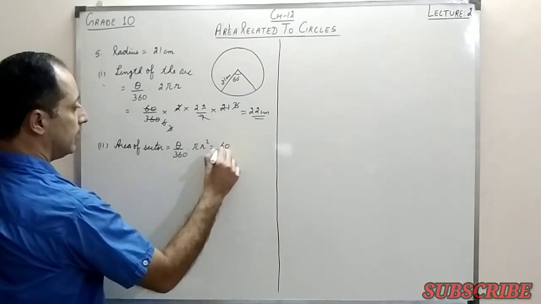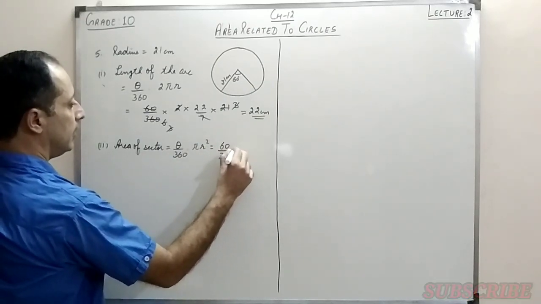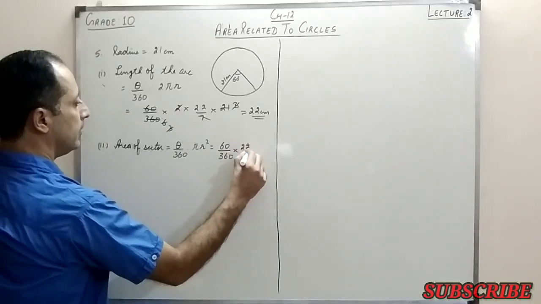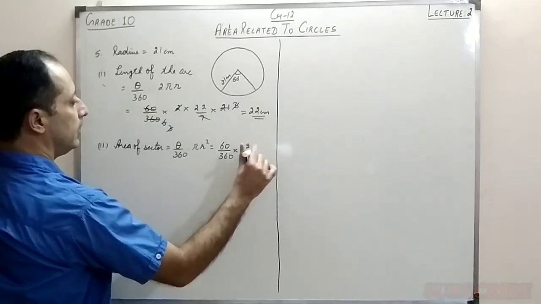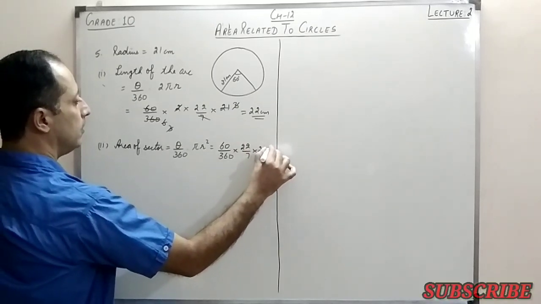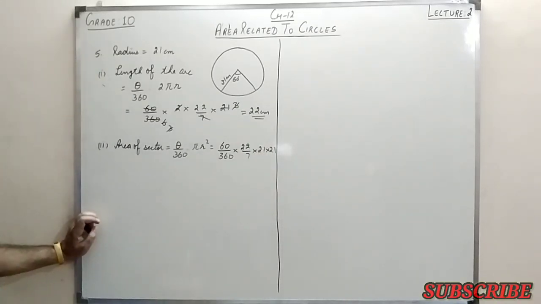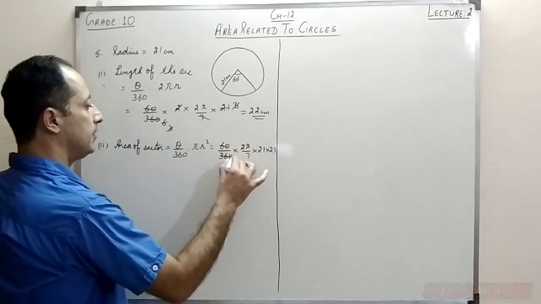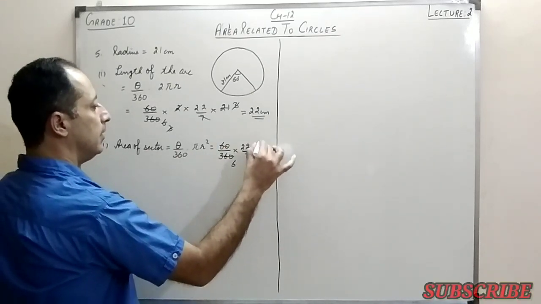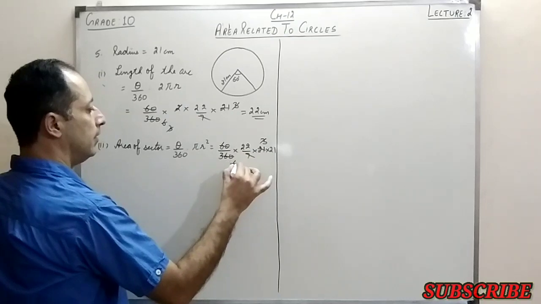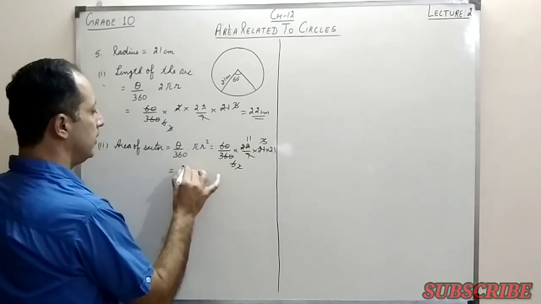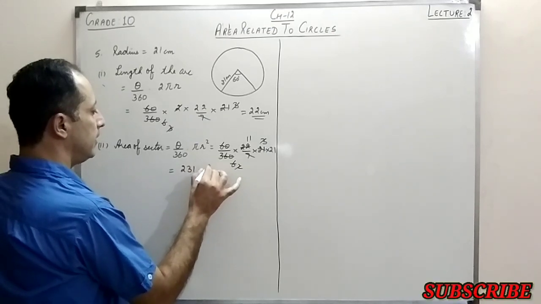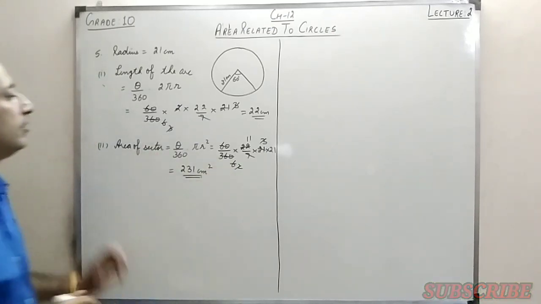That is 60 upon 360 into 22 by 7 into 21 into 21. Again cancel it out. This is 6, 3. So we get it as 231 centimeter square. So this is the second part.